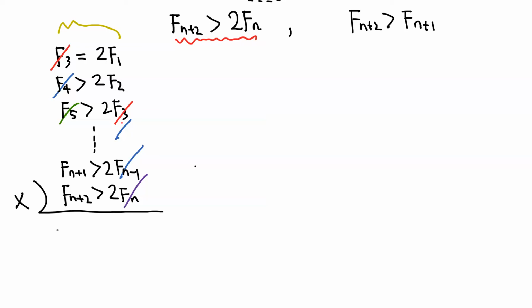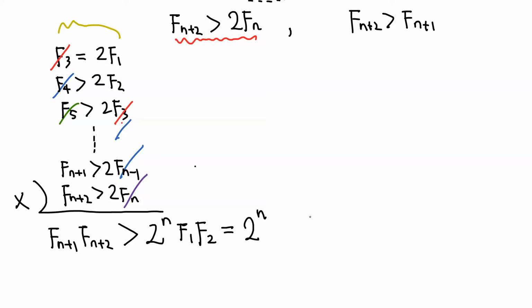So what remains on the left hand side is Fn+1 times Fn+2, and the direction remains unchanged. Now on the right hand side, 2 is multiplied n times, so we have 2 to the power of n, times F1 times F2. And F1 and F2 are both 1, so we have simply 2 to the power of n.